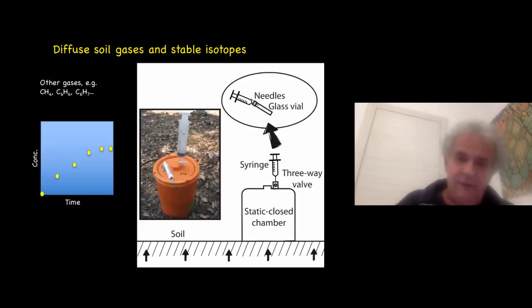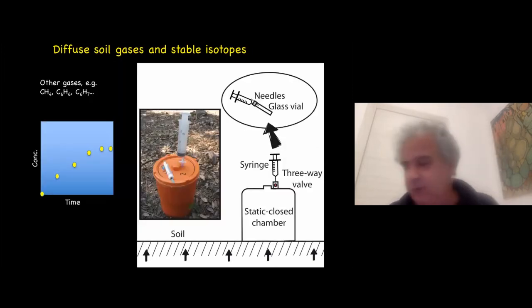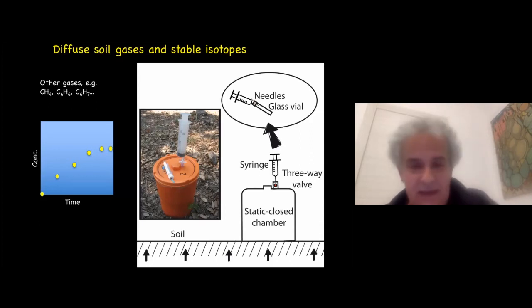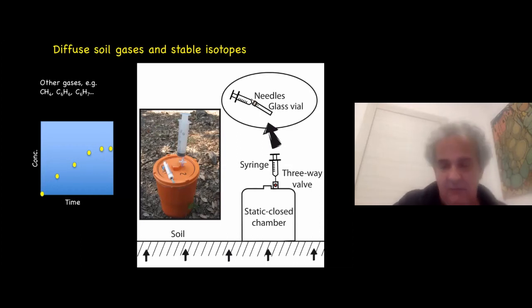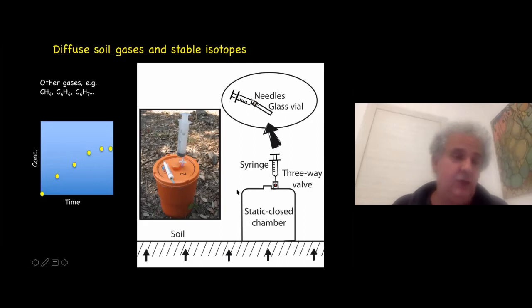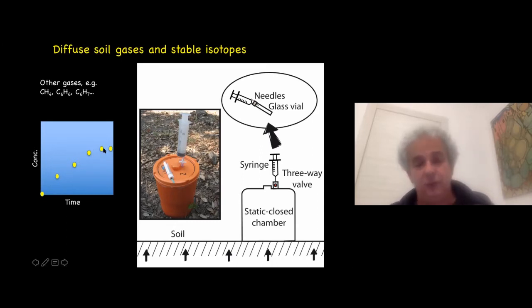If you do not have a lot of money to buy the accumulation chamber system, you may use a static chamber that has basically the same problematics as the accumulation chamber has. Basically, you may do the analysis or the flux of methane, benzene, toluene, and so forth, because you collect the samples at different times, and so you can see how the concentration tends to increase.